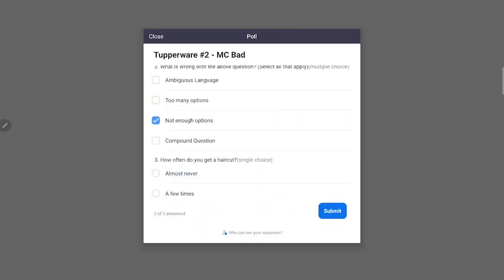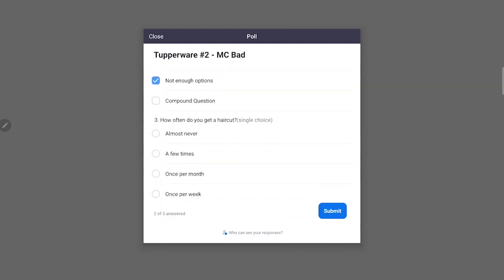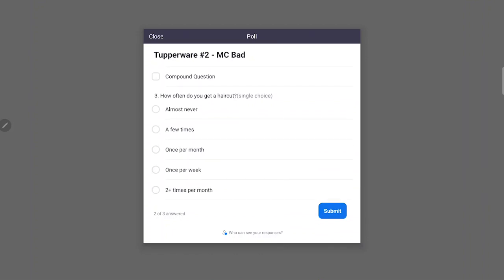If you go down to the third example, there's a lot of problems here. One, I don't like the question, how often do you get a haircut? Because what's the time frame? How often in the last month? How often in the last year? How often in my entire life? That answer can change. So it's good to be specific in things like that. And then if you look at my options, they're a mess.